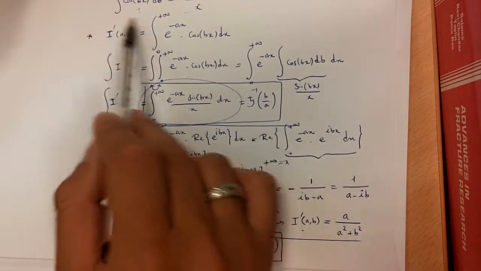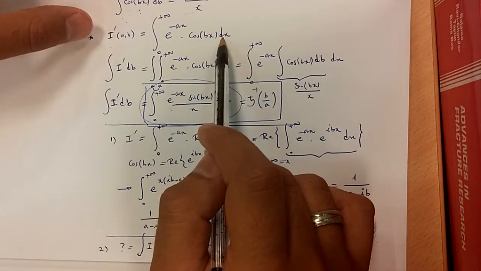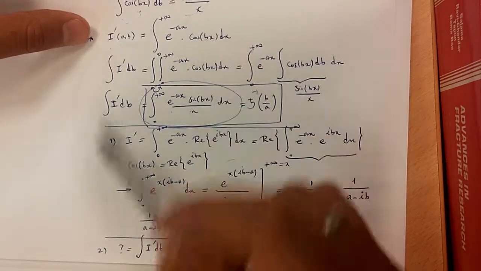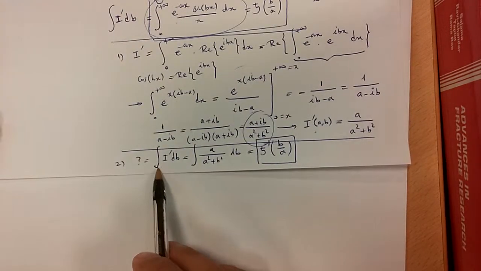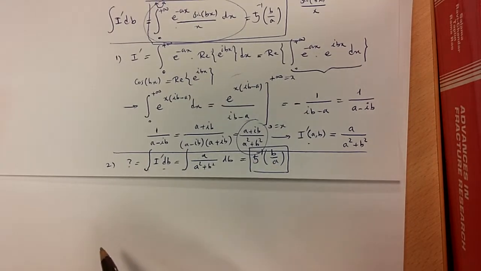To calculate I prime, we used the technique of complexifying the integrals, and in a second step, the integral of I prime with respect to b was straightforward.